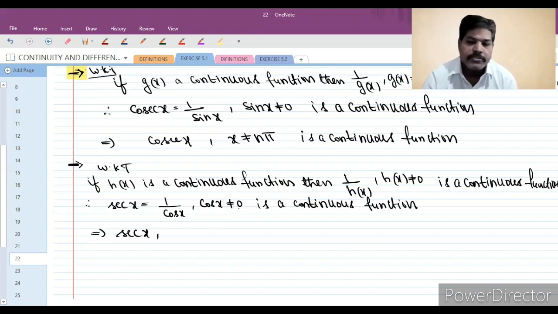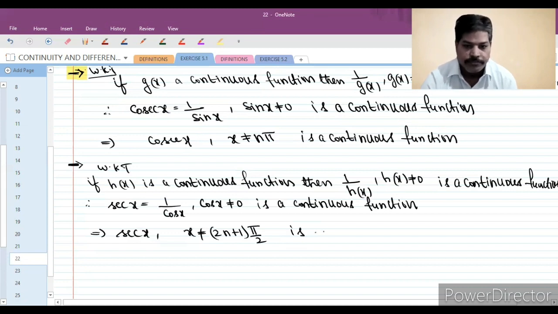So here cos x is not equal to 0, meaning x is not equal to 2n plus 1 into pi by 2. X should not become odd multiples of pi by 2, because then cos x value will become 0. So secant x, comma, x not equal to odd multiples of pi by 2, is a continuous function.